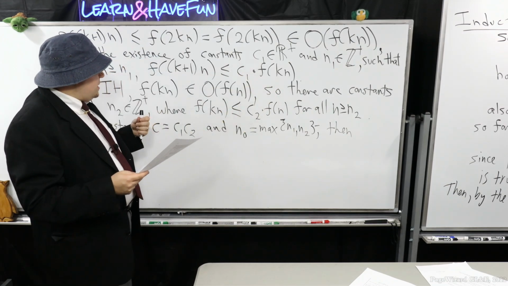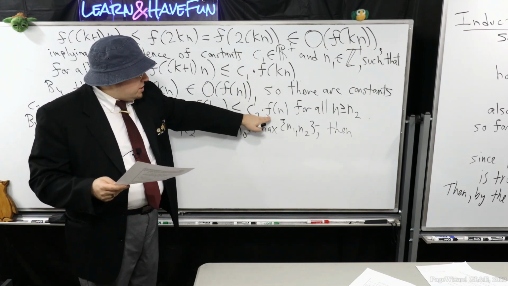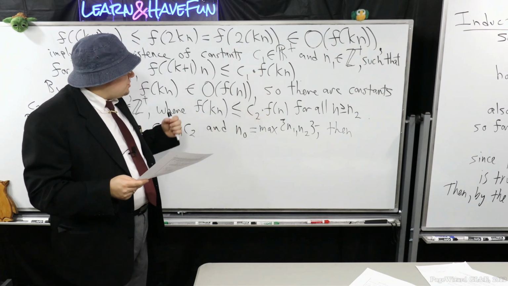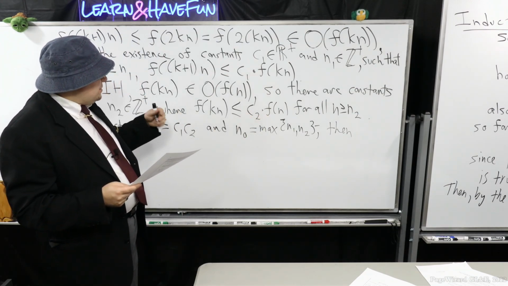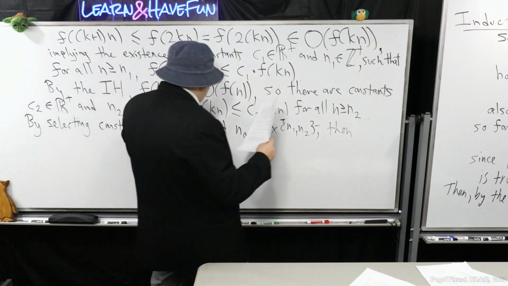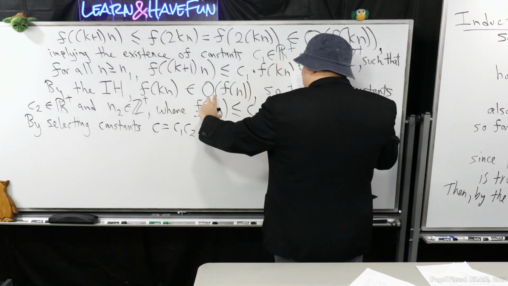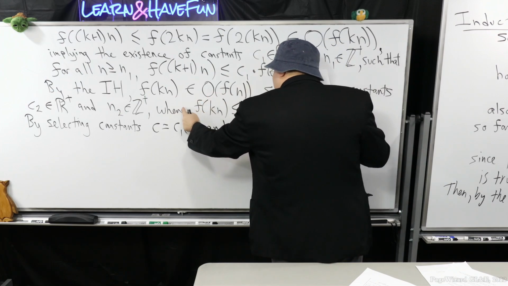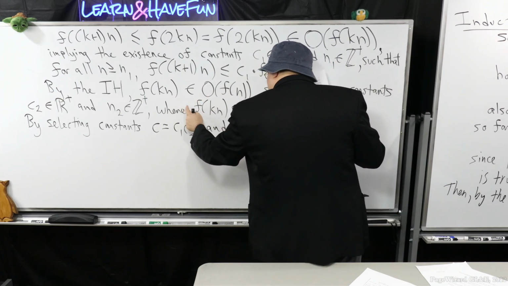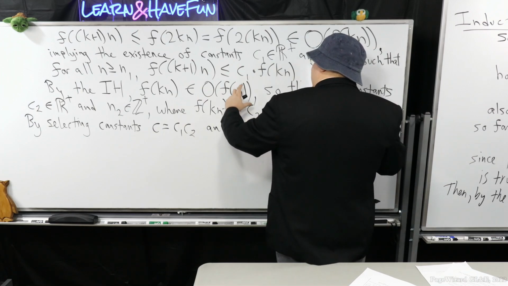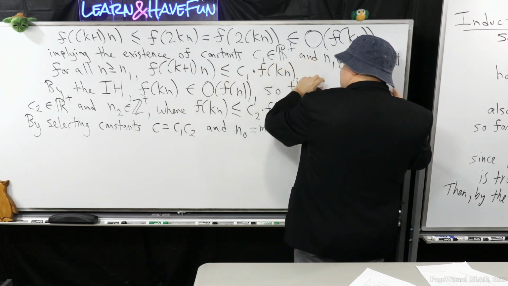Well, you would agree with me that f of kn is less than or equal to c2 times f of n. So most certainly, what I could do is put this inequality right here. I know this is going to need a c1 right here to make this work, so I multiply both sides of this by c1. And then I could put this right here.